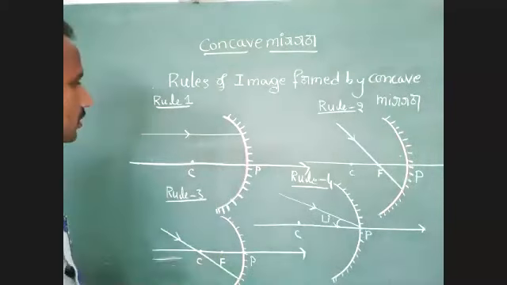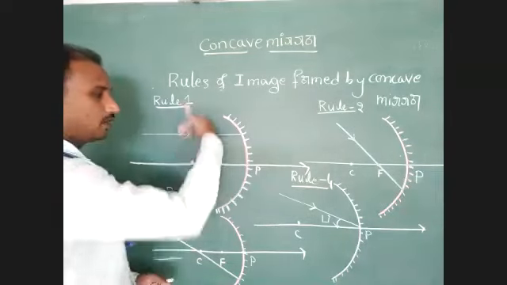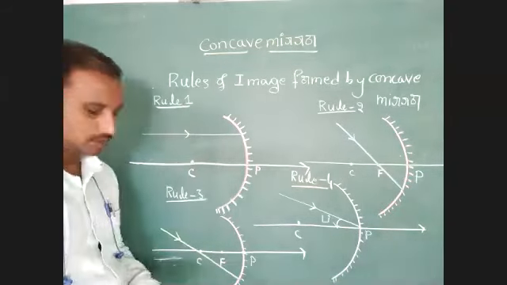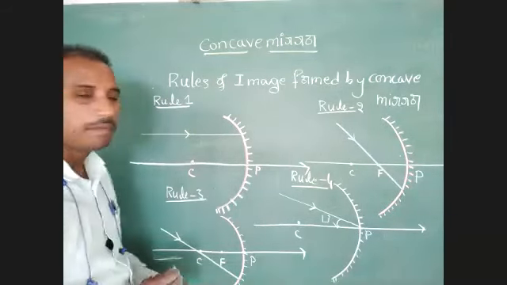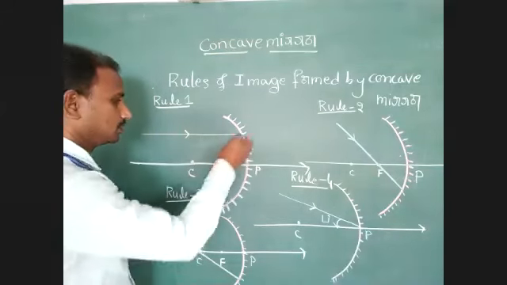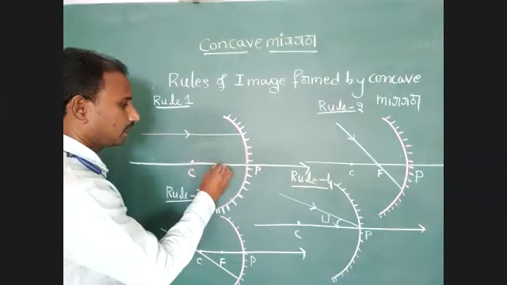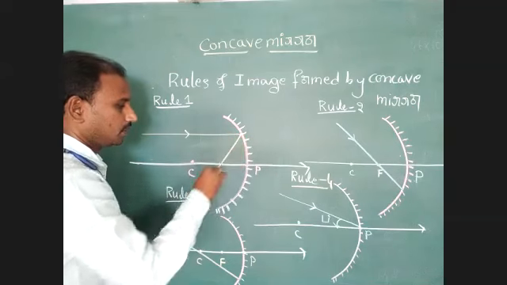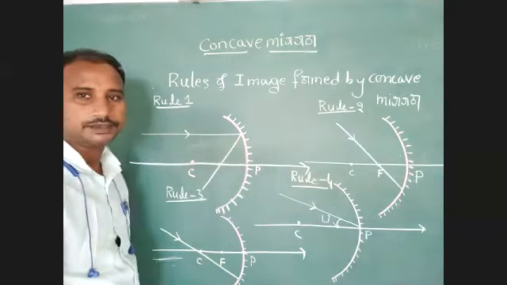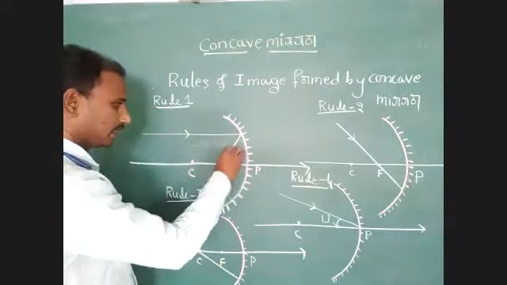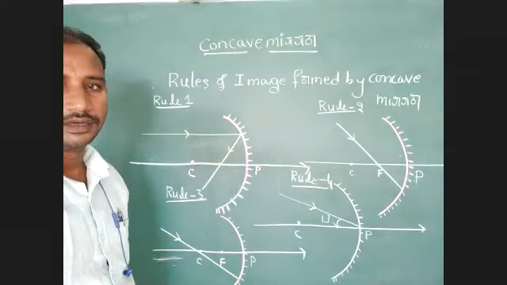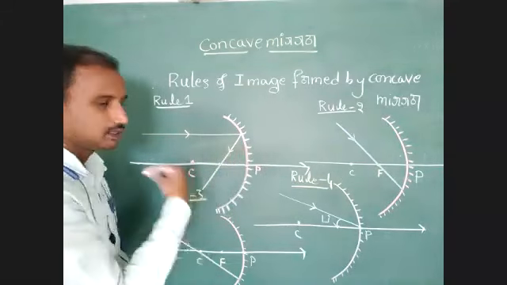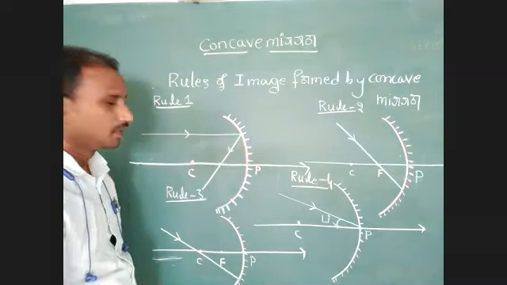Okay, students, just identify: if a ray of light is parallel to the principal axis, then the reflected ray is passing through the principal focus. It is rule 1.